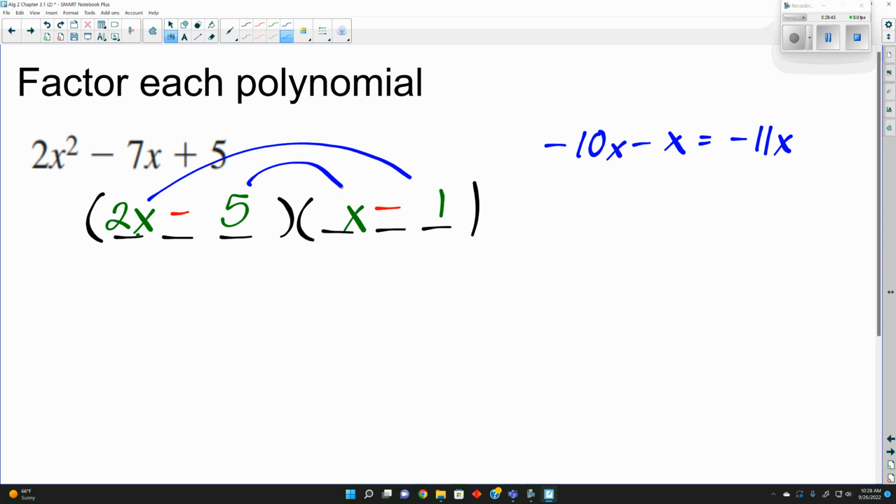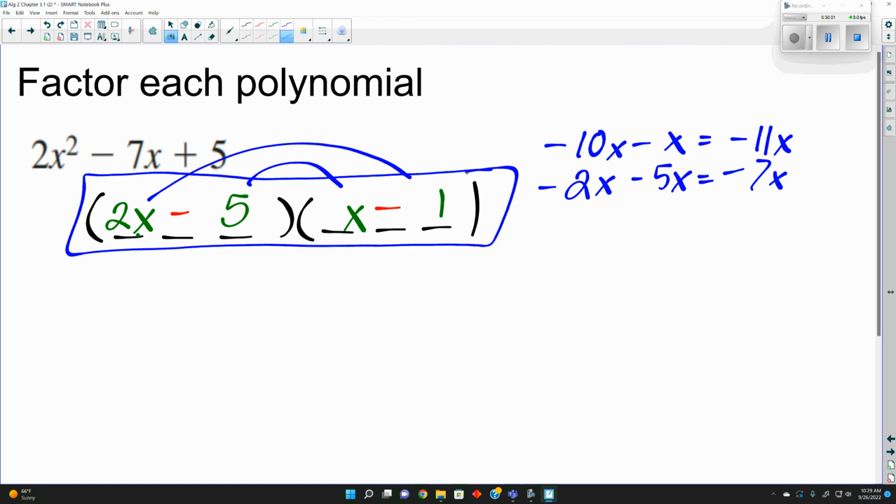Now, if we check it this time, negative 2x times negative 1, or 2x times negative 1, is negative 2x. Negative 5 times x is negative 5x, which gives us negative 7x. Is that what we wanted? Mm-hmm. So these here are the factors.